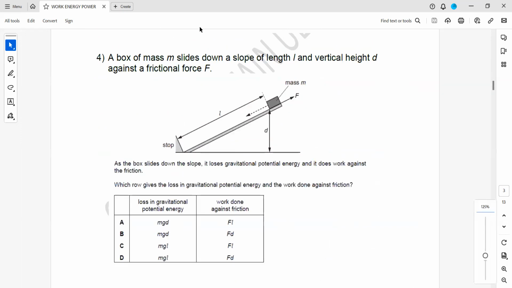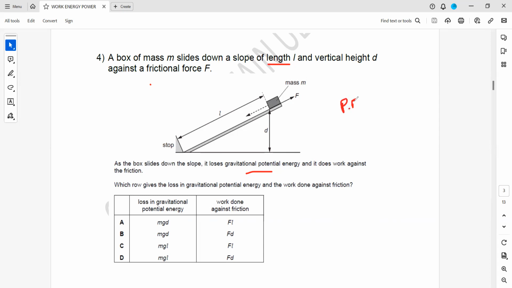A box of mass M slides down a slope of length L and a vertical height D against a frictional force. As the box slides down, there is a loss of gravitational potential energy and work done against the friction. Which row gives the loss in gravitational potential energy?